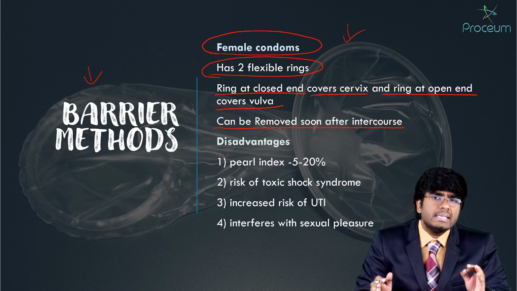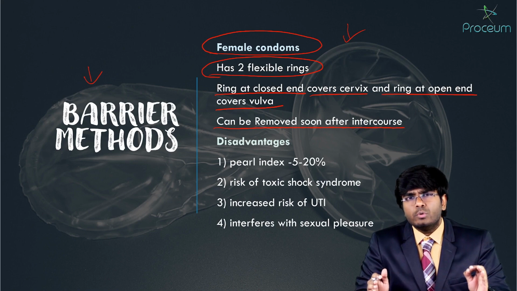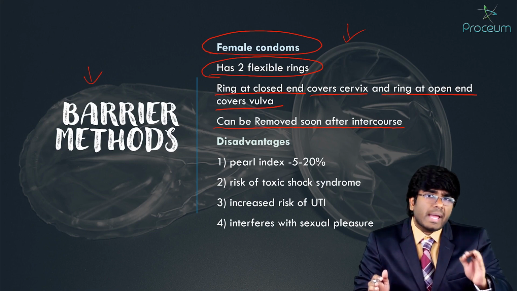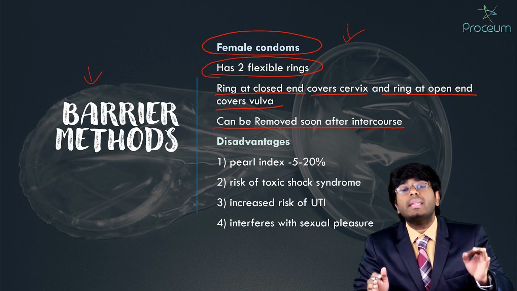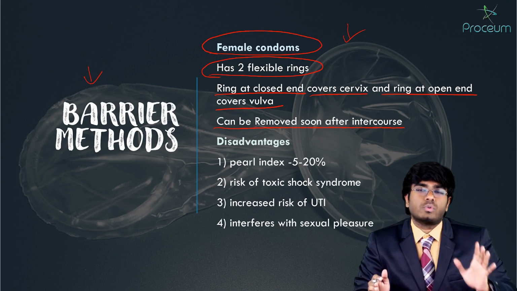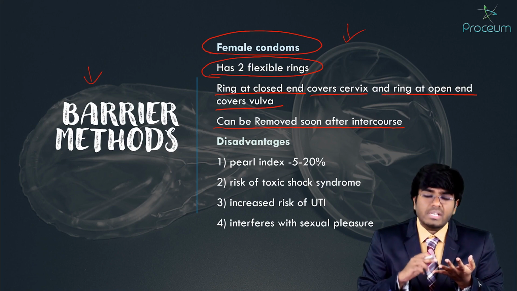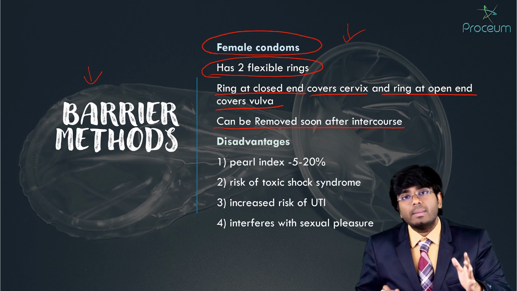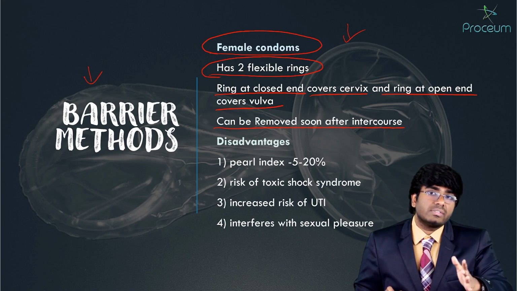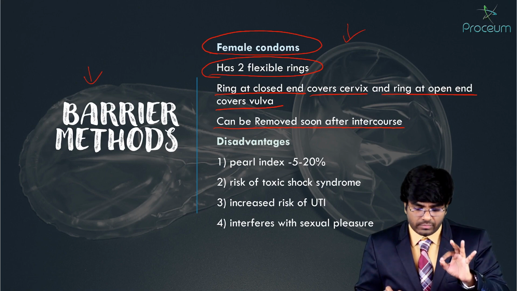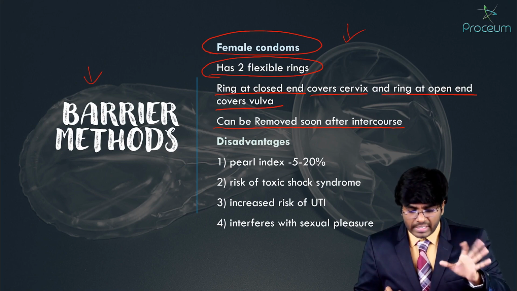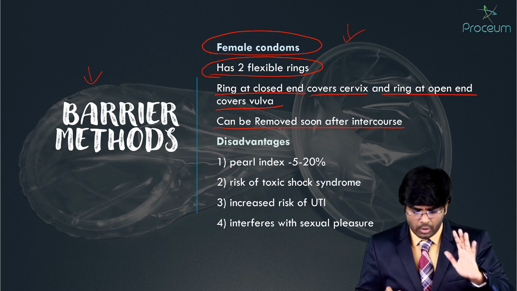Important point is, guys, usually certain barrier methods should not be removed just after the intercourse. For example, later we'll be discussing cervical caps and cervical diaphragms. They should not be removed immediately after the sexual activity. But female condoms can be removed right away after the intercourse. There is no problem.